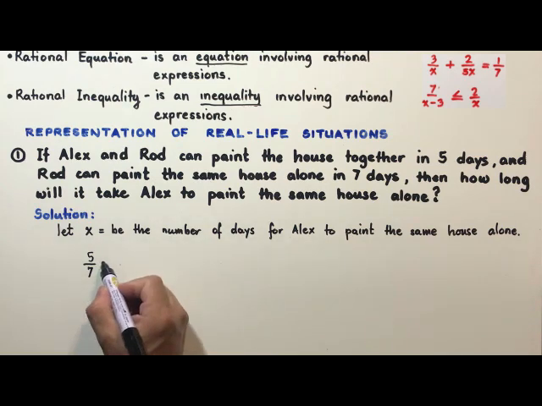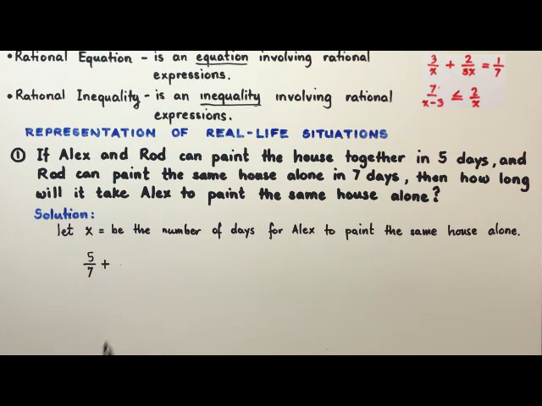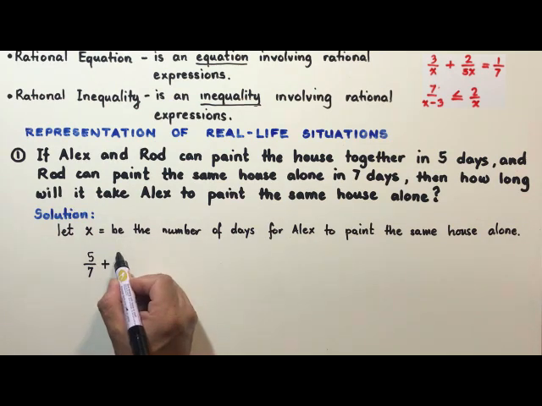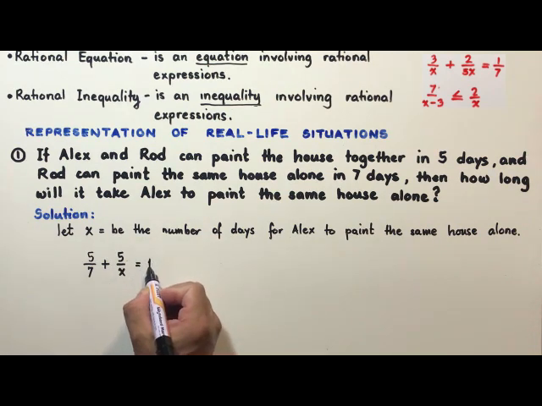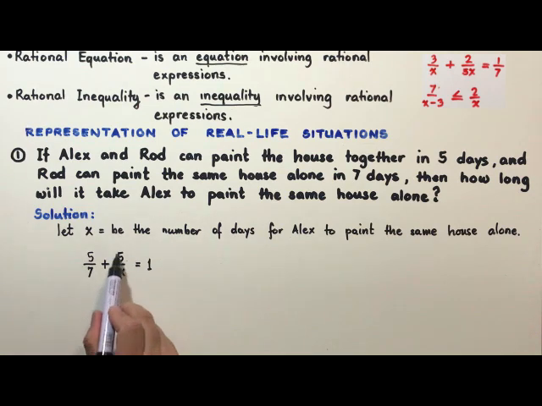But if you add the part of work done by Alex, which is 5 over x, then this represents the one whole work that they will finish in 5 days. So you can see here that this is a problem modeled by a rational equation.